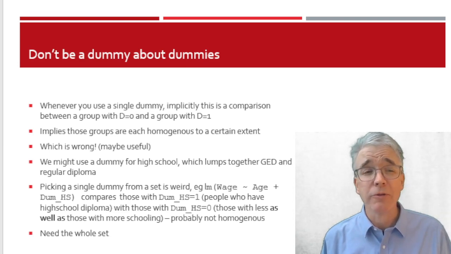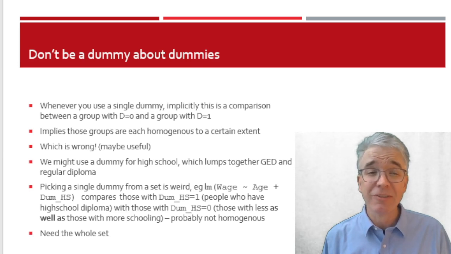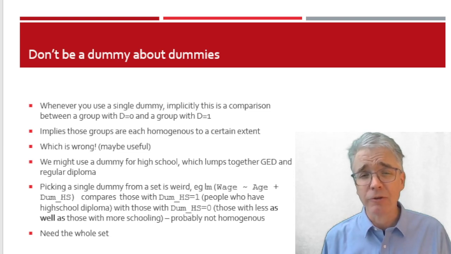Now, whether it's reasonable to assume homogeneity may depend on the particular questions being asked. That's even more relevant in understanding a common mistake that people make, putting in one dummy variable but omitting the rest of a set. For example, the whole set of dummies on education. Typically, we have no high school diploma, some college, bachelor's, or advanced degree.